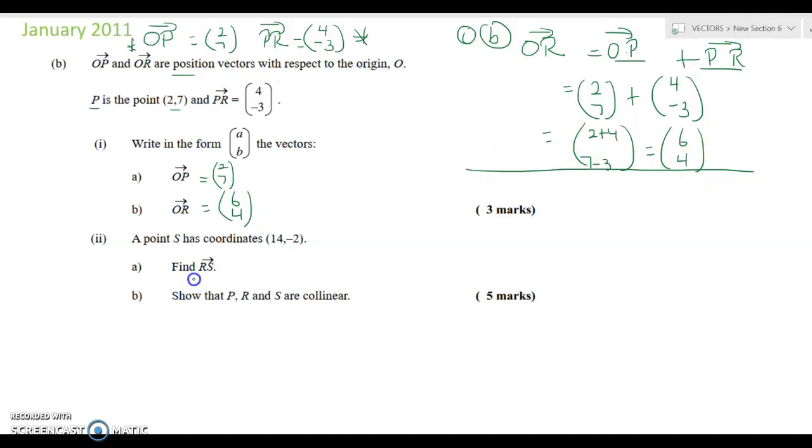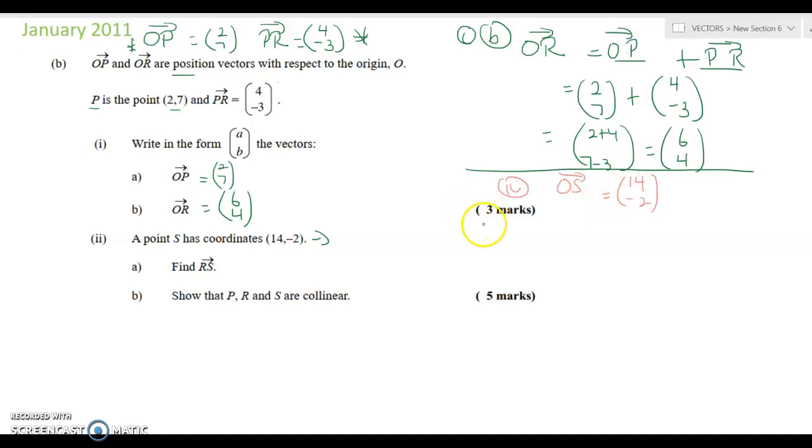Right? And now part 2 says, a point S has coordinates (14, -2). So this now tells us that OS is (14, -2).